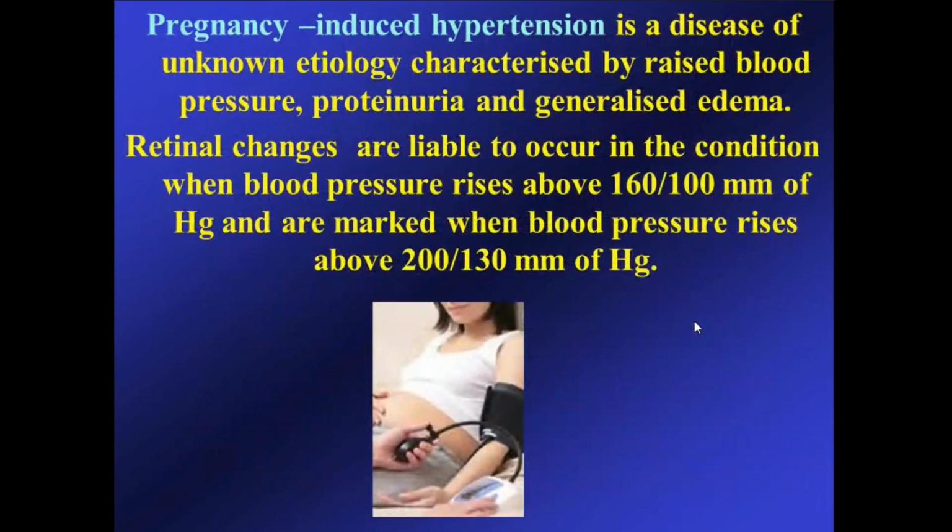Now, some words about the cause of the changes in the retinal vascular system. Pregnancy, we usually say, is not a disease, but in some cases, pregnancy-induced hypertension is a disease of unknown etiology, characterized by raised blood pressure, proteinuria, and generalized edema.